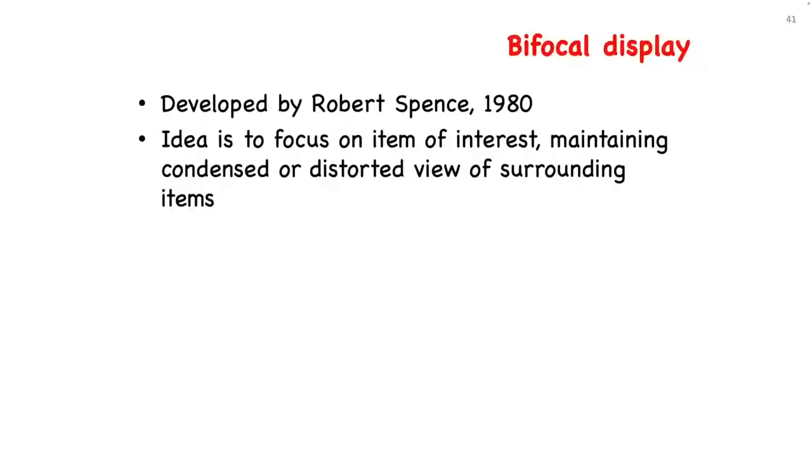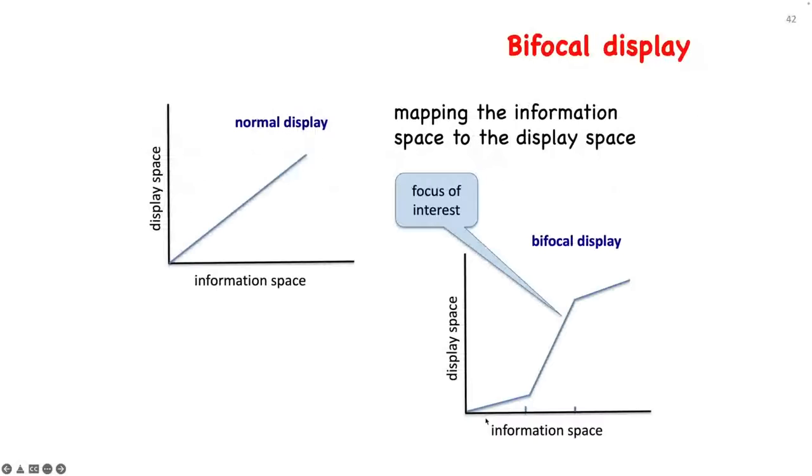So bifocal display dates from 1980, and here the idea is that we focus on the item of interest and we have some sort of condensed or distorted view of what's going on around it. So if you like, in a normal display, we've got a linear relationship between the information space and the display space. Bifocal display says we've got stepwise.